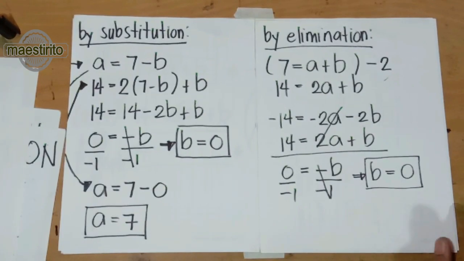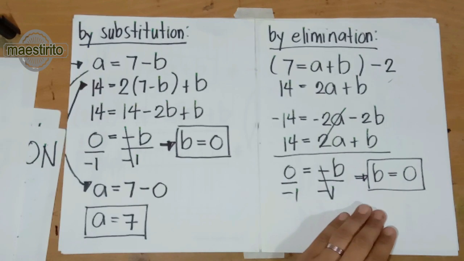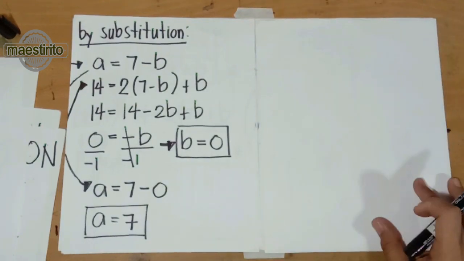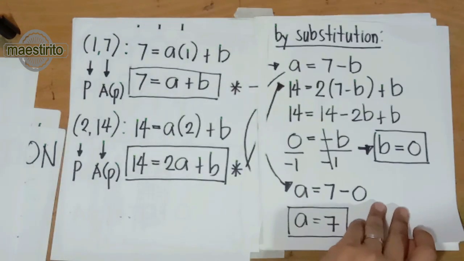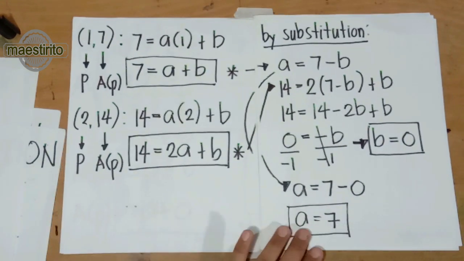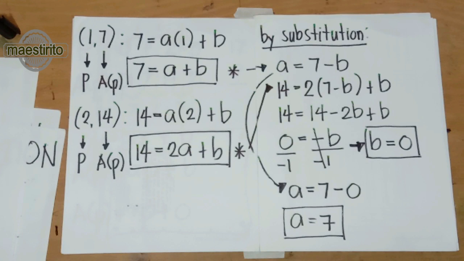Okay, so let us have the last look for the substitution. So this is the method of substitution. Anyway, you can watch again the video. You have your freedom to do it. So there you go. That's by substitution. a is equal to 7, b is equal to 0.